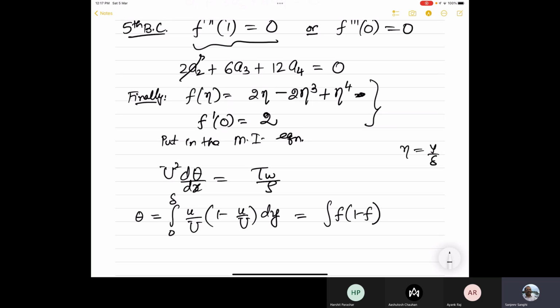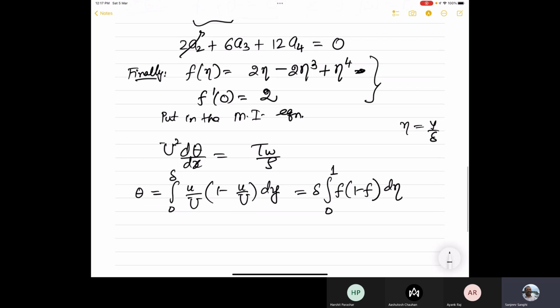So dy will become equal to delta d eta, and the integral from 0 to delta will become the integral from 0 to 1. So therefore, once I know f, all I have to do to find theta is basically this thing, which, if you realize, is just a number.